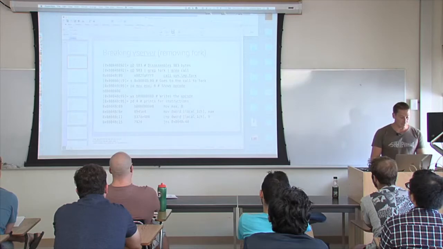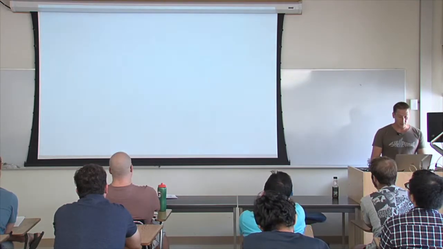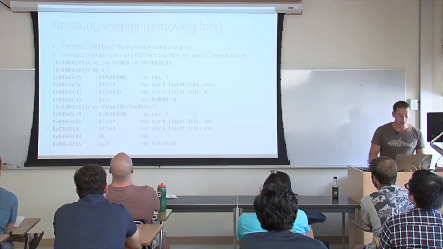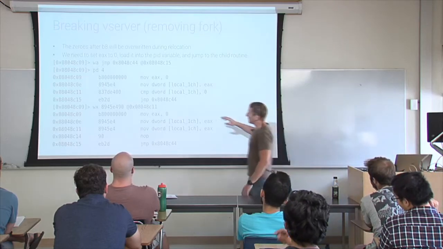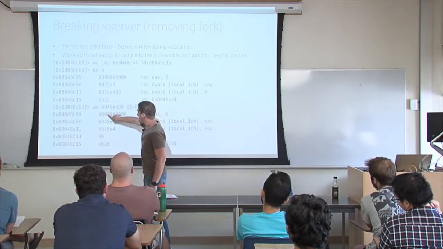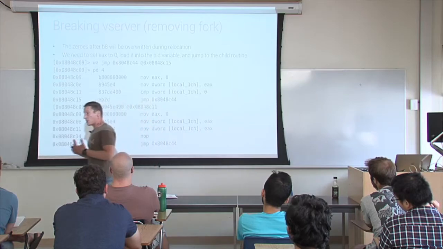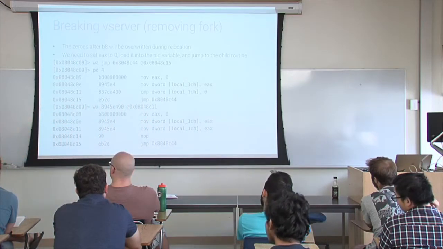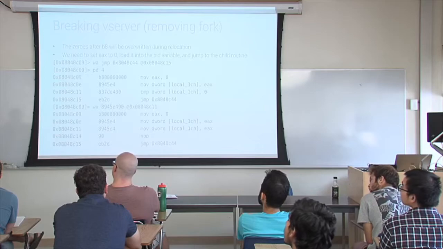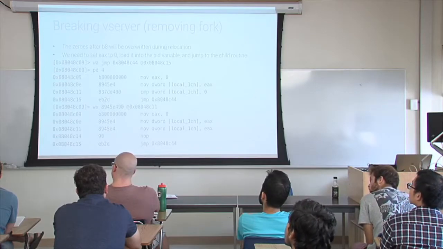Okay, so since the zeros after the B8 are overwritten, because when the binary is loaded, remember that in the ELF at that location, it had to substitute the address of fork.